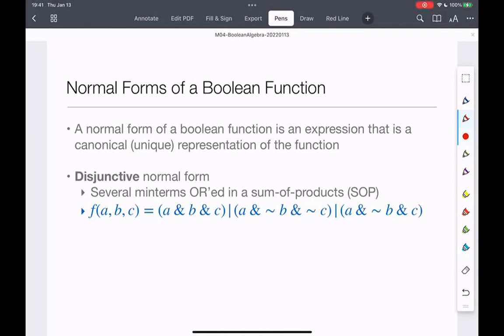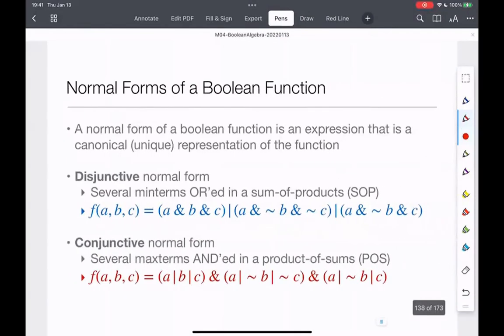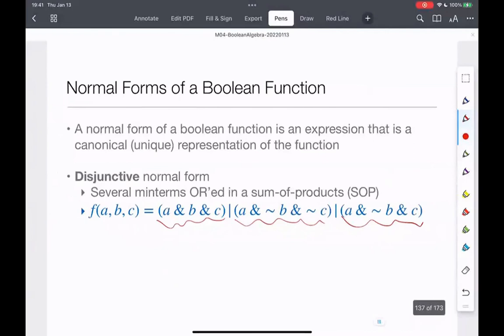So for example, F of A, B, C is saying, let's say if this is a function, each one of these is a minterm, right? It has all the 3 inputs, either directly or indirectly. This one is little m7.